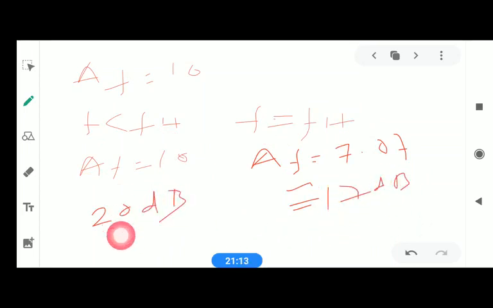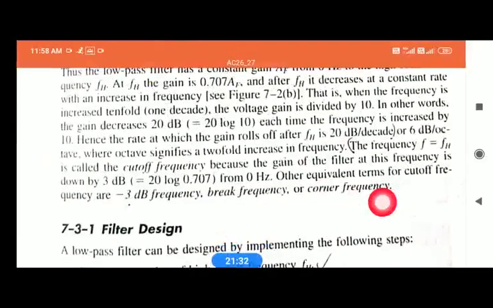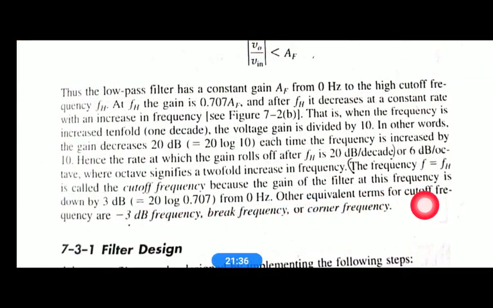So at f equal to fh, our gain is 3 dB down. Therefore sometimes we call fh the 3 dB down frequency, the cutoff frequency or minus 3 dB frequency, or the break frequency or corner frequency.